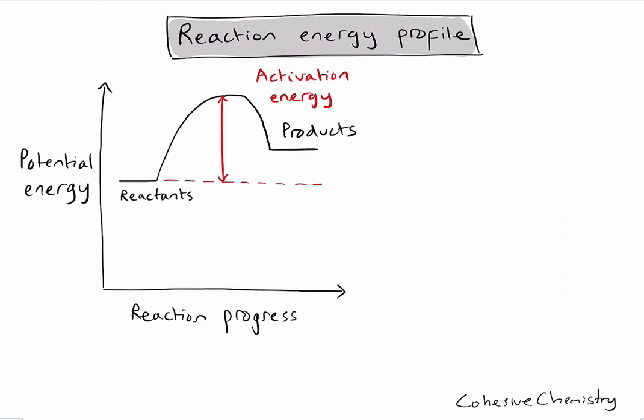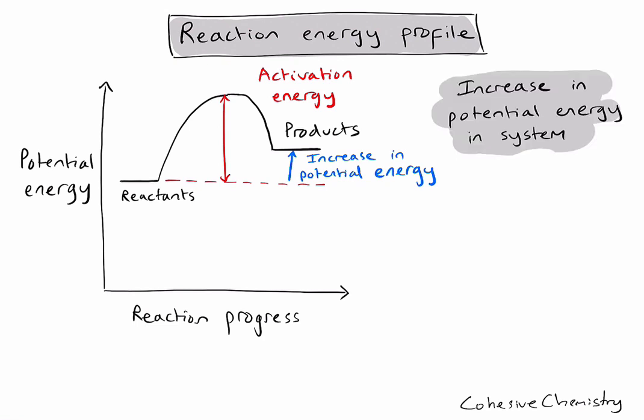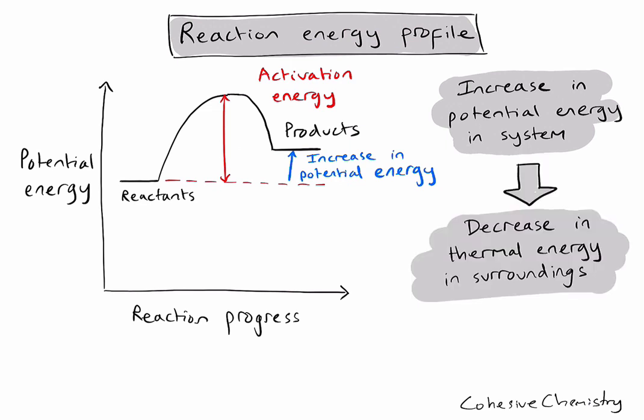But if I look at the potential energy of my products compared to the reactants, I can see that they are actually higher. So in this example, we've seen an increase in potential energy during my chemical reaction. Therefore, we must have seen a decrease in the thermal energy in the surroundings. And this is what we call an endothermic reaction.